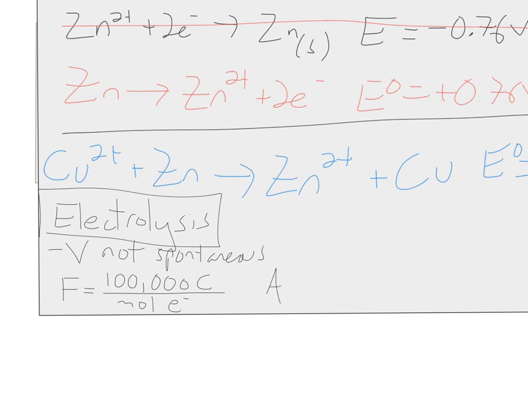And then we need to remember that an amp, so if you had 5 amps of current going in, that would be like 5 coulombs per second. So that gives us a way to convert electricity and time, and then we could go into grams and molar masses. You will also need half reactions: how many electrons are being transferred in the equations, because Faraday's constant is 100,000 coulombs per mole of electrons.